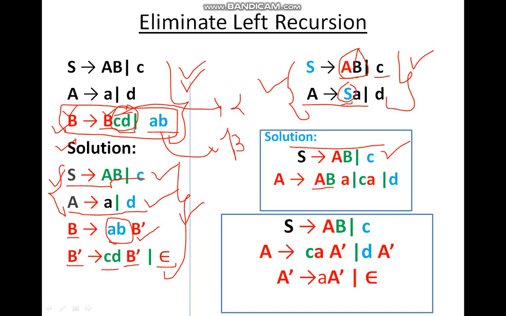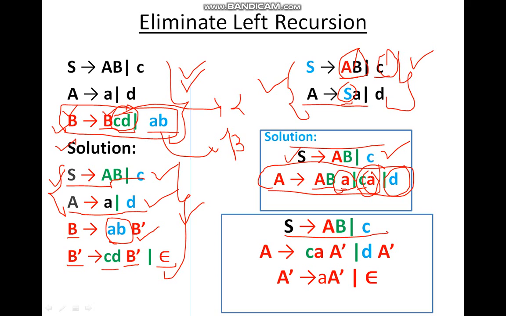So AB, and this A would be the same, then C, A would be the same. Now here is a left recursion. This production rule is causing left recursion, so eliminate it, keep the rest as it is. A producing ABC.